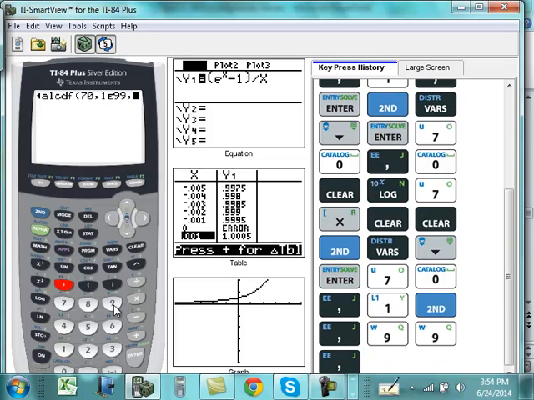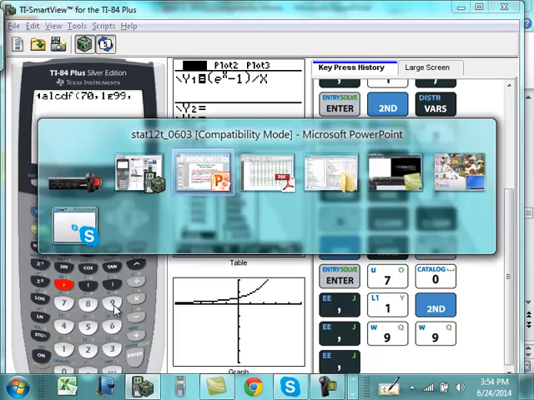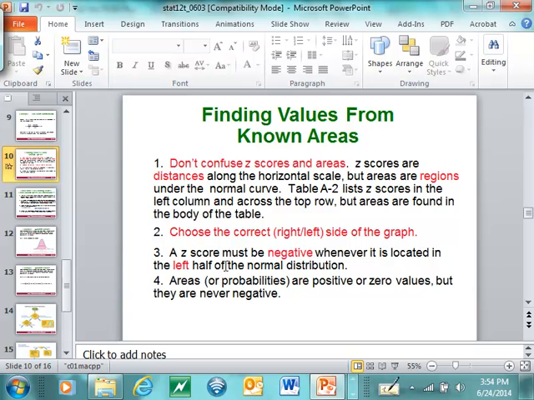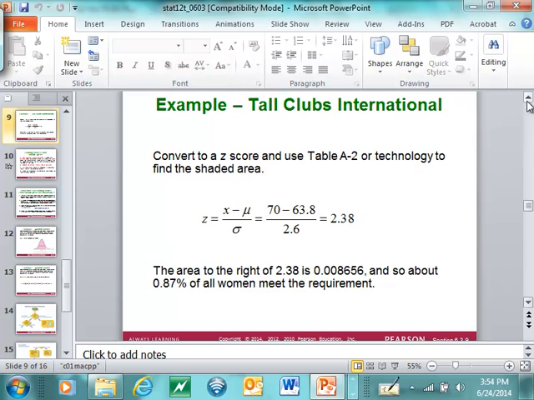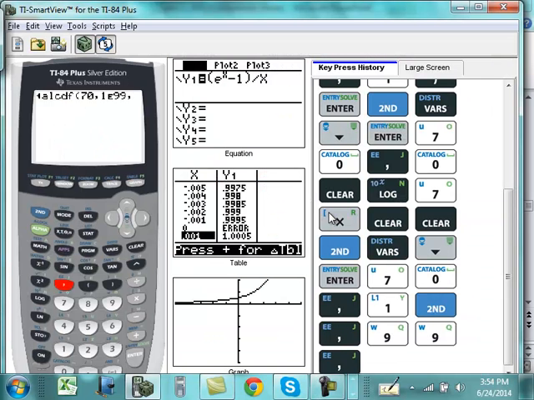And then the third number that you're going to put in here is the mean. In this case, what was the mean? Well, I forget, but let's look it up here. The mean was 63.8. So we'll type in 63.8 for the mean.